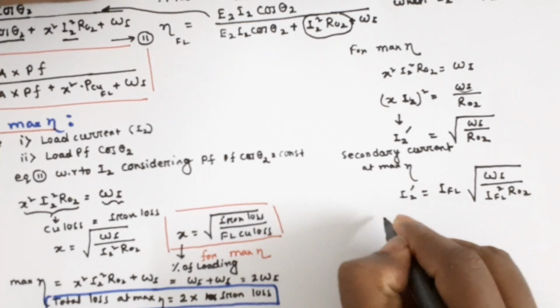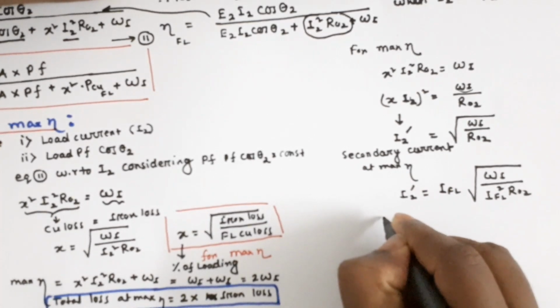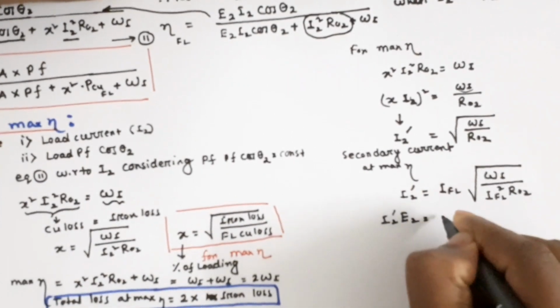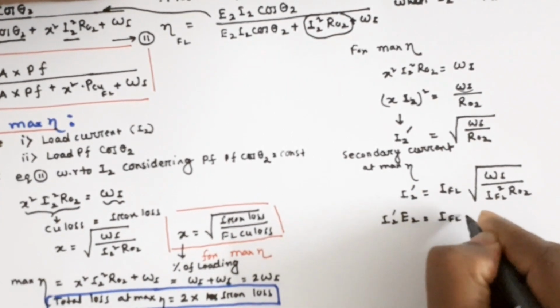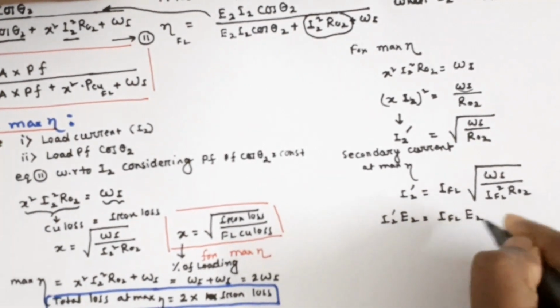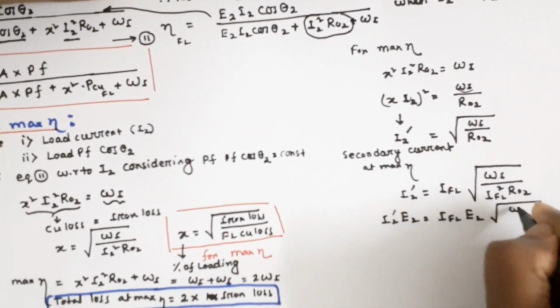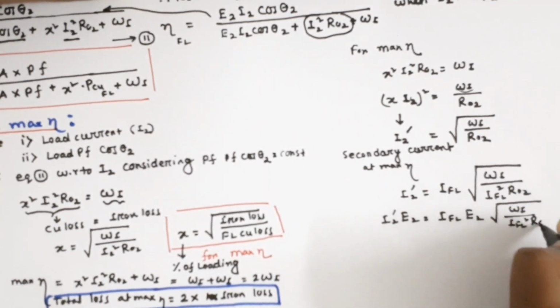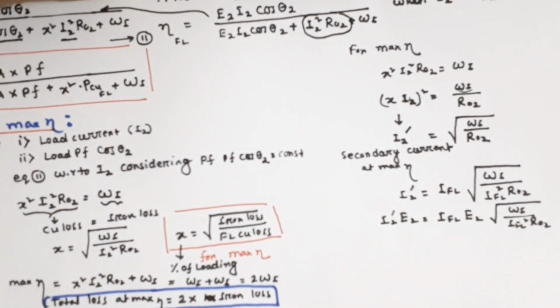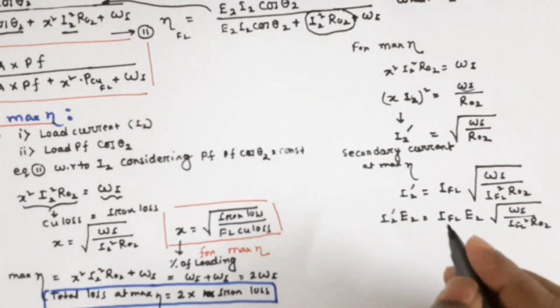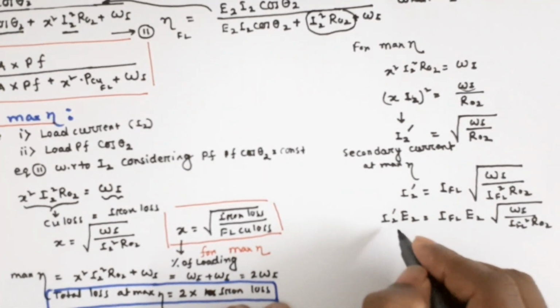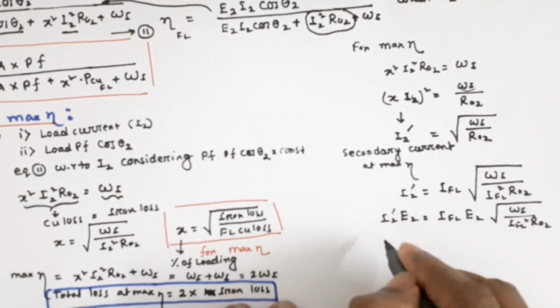If we multiply both sides by E2, that means I2 dash into E2 equal to I of full load into E2 divided by Wi divided by I of full load square R02. This is your kVA rating corresponding to maximum efficiency.